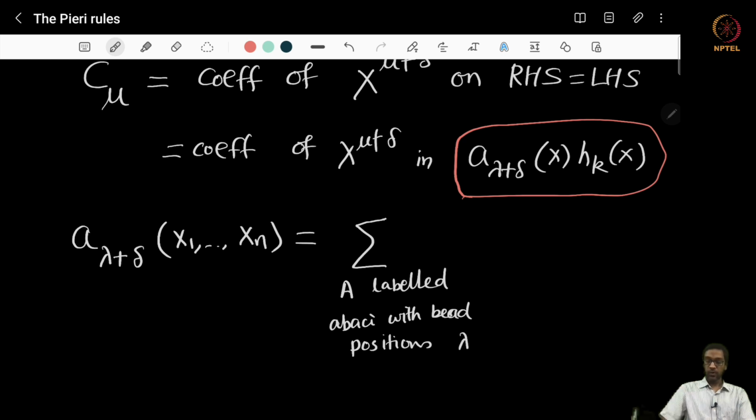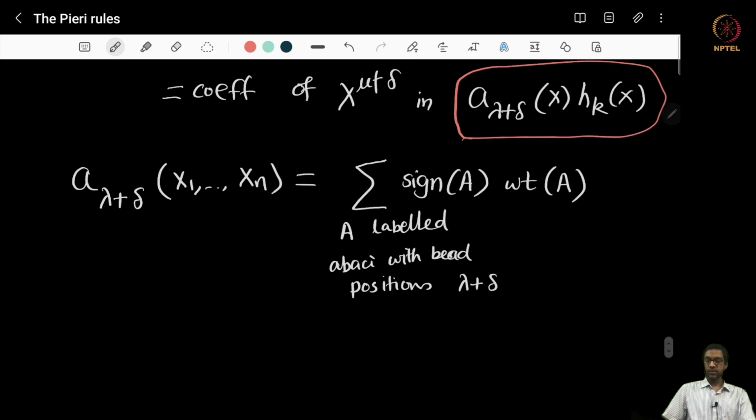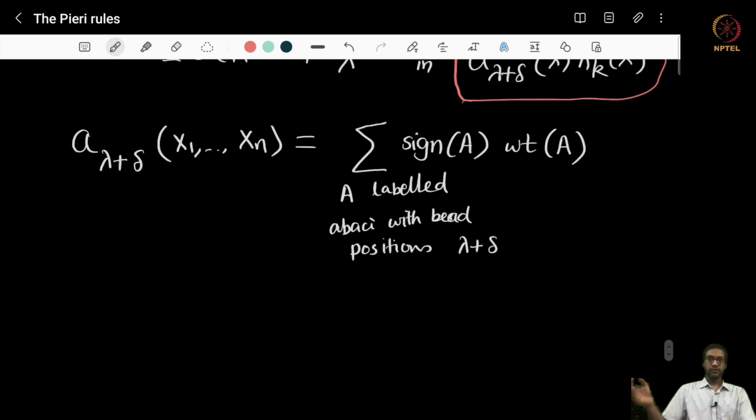You run over all labeled abaci, and to each abacus we associate a sign and a weight. The weight was just that monomial, x1 power something, x2 power something, and so on. The sign was a sign of the permutation in some sense. This was our notation.